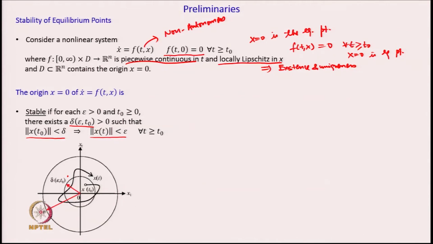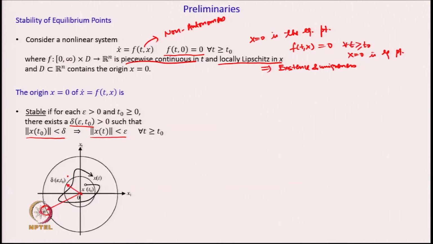This is illustrated by this diagram here, where x equal to 0 is the equilibrium point, and the system starts at some point x of t naught, which lies within this delta ball, and for all future time the state trajectories lie within the epsilon ball. This just suggests that the state trajectories lie close to the equilibrium point if the initial conditions are sufficiently close to the equilibrium point.